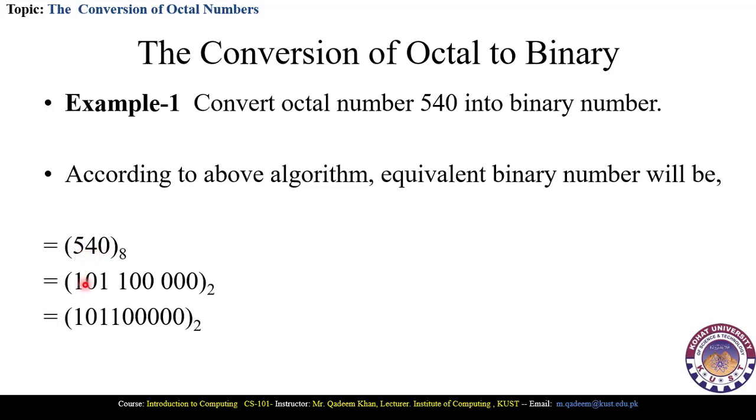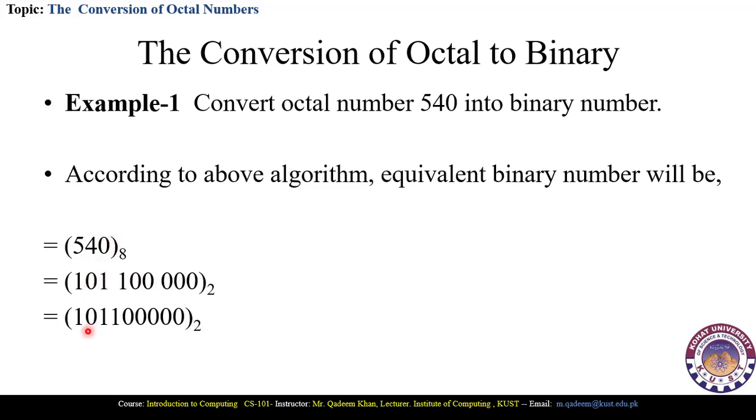So 5 is 101, similarly 4 is 100 and 0 is 000. Remember that you cannot exceed 3 bits here because 2 power 3 is equal to the base 8 of the octal. That's why we take 3 bits each. So this is the conversion of these octal digits to binary.